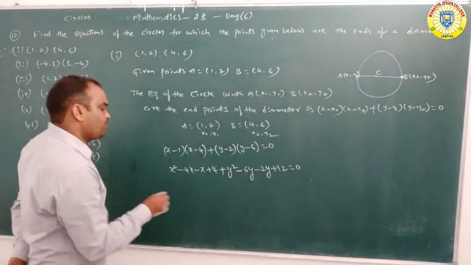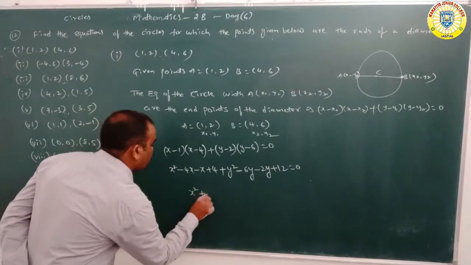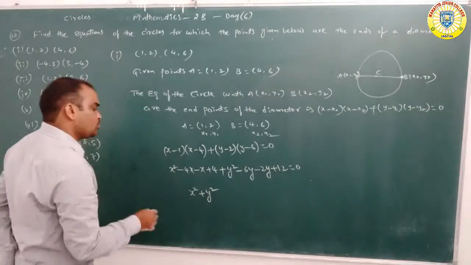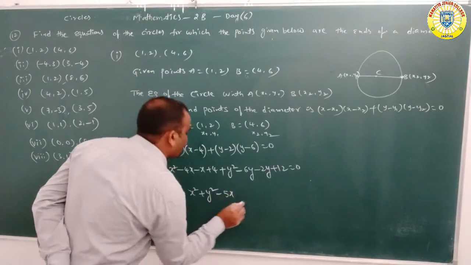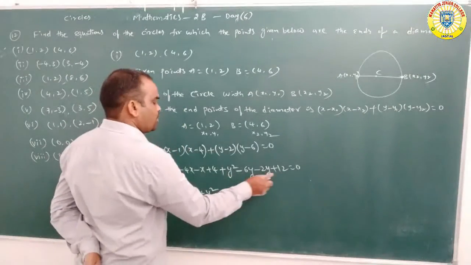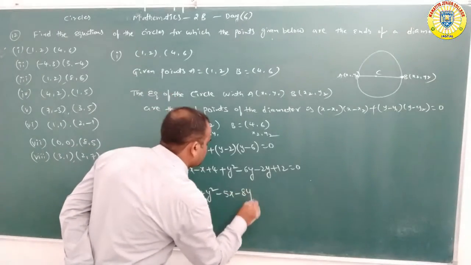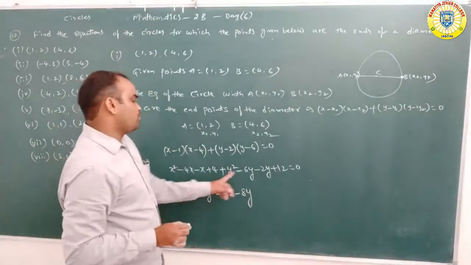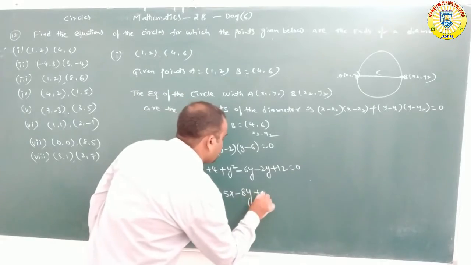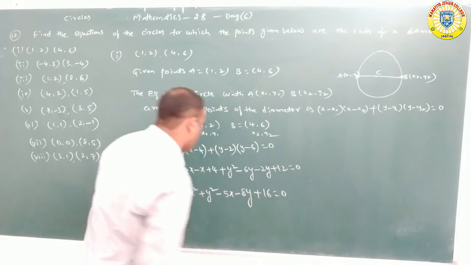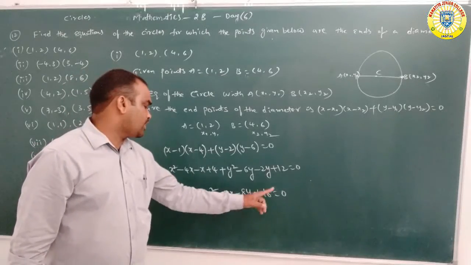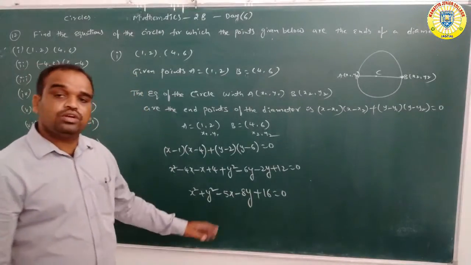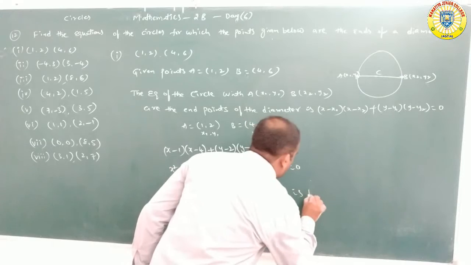Now we are simplifying this one. x square plus y square, minus 4x minus x is minus 5x, minus 6y minus 2y is minus 8y, 4 plus 12 is 16, equal to 0. x square plus y square minus 5x minus 8y plus 16 equal to 0 is the required circle.